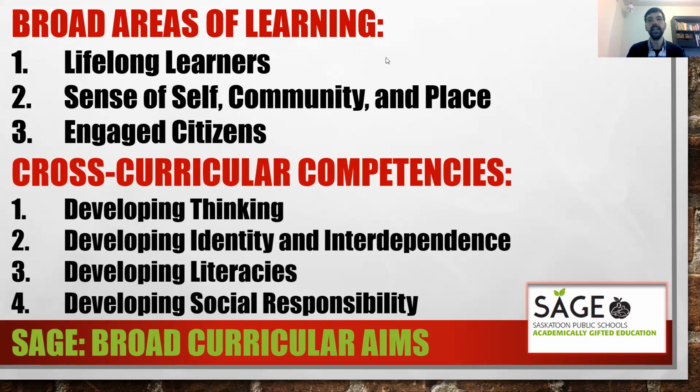We work on developing literacies across curriculum, so being able to express ourselves and take in messages across different curricula, understanding the different languages, the different signs and symbols and communication tools that go into each subject area. And we hope and we look for our SAGE students to develop a facility with that ability so that they can operate in multiple curricula at the same time.